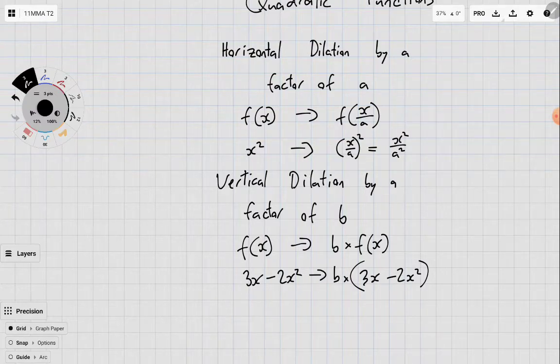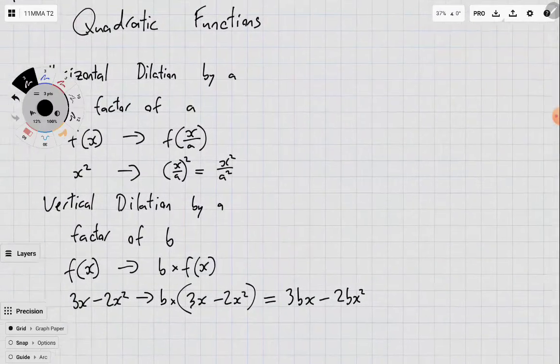Okay? So it multiplies the entire function. Meaning, after you expand the brackets, you would get 3bx minus 2bx squared. Notice it's different than when we do a horizontal dilation. The horizontal dilation goes inside the brackets of the function notation, whereas for the vertical dilation, it goes on the entire function.